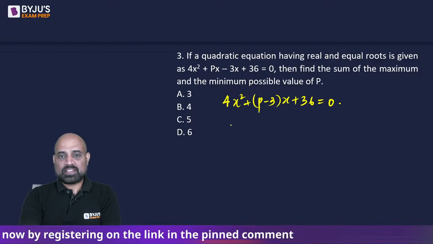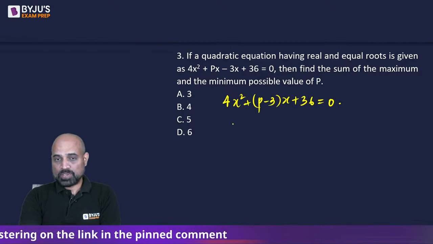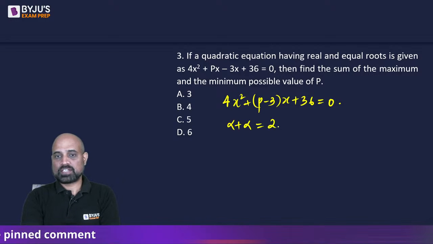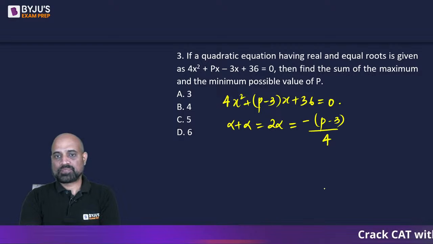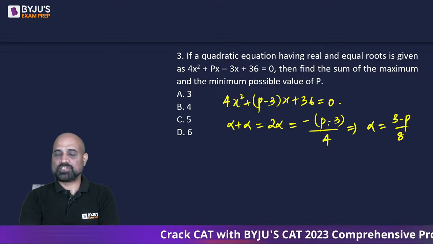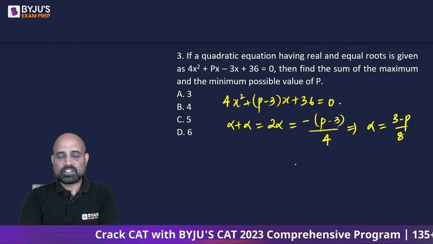Or we can say that if the roots are equal and real, then sum of the roots, both the roots being alpha, that is 2 alpha, is given as minus b by a, right? So from here we will have alpha is equal to 3 minus p upon 8. I have taken care of the negative sign here.